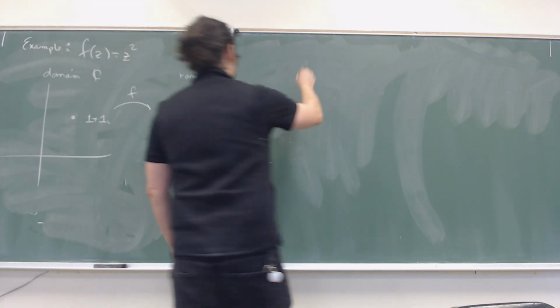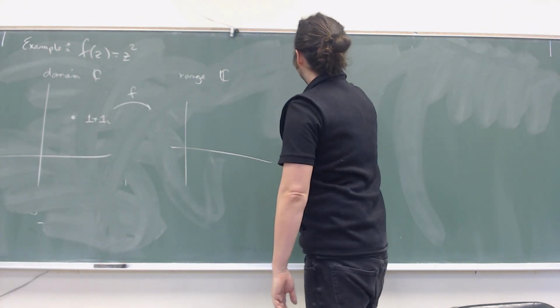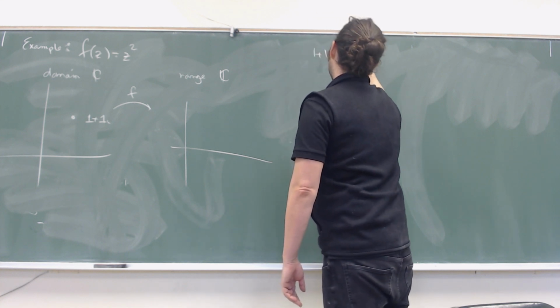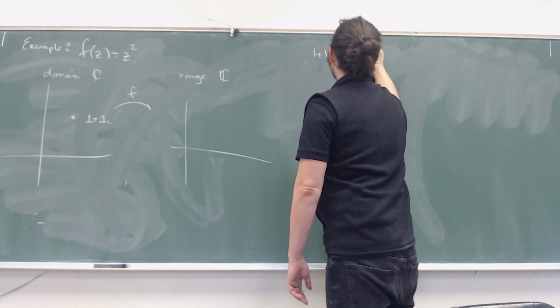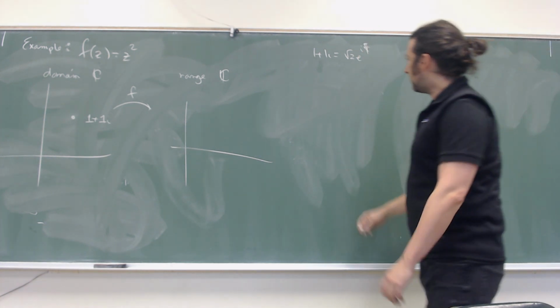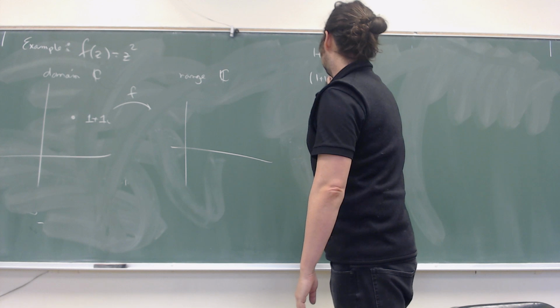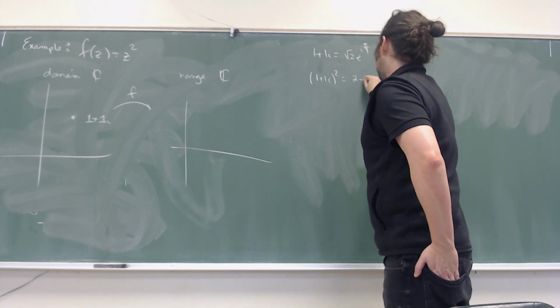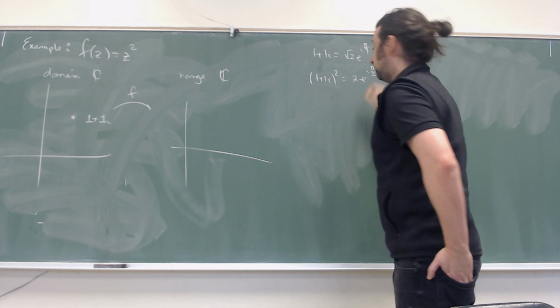Well, that's pretty basic, because 1 plus 1i in polar notation is root 2 e to the i pi over 4. If you square that, you get 2e to the i pi over 2.